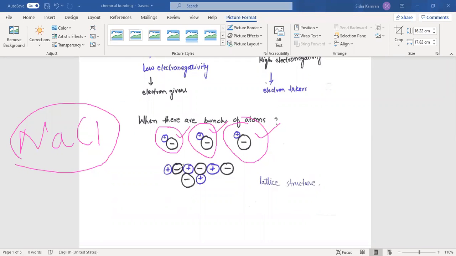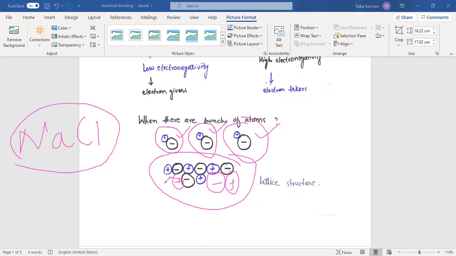When in one container at one place there are many units of sodium chloride, they make a combined structure. Here you can see positive, negative, positive, negative, again negative, again positive.